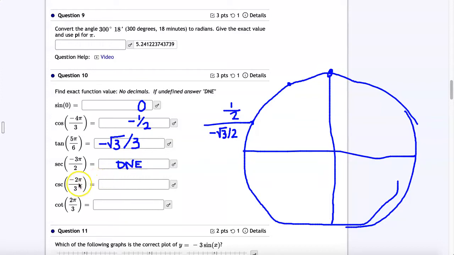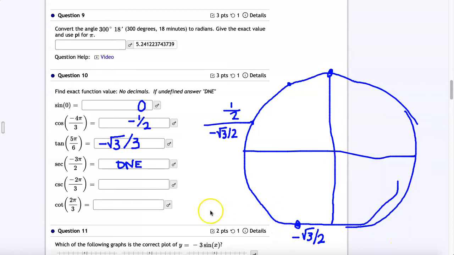Next, cosecant of negative 2 pi thirds. So I need to go negative 2/3 of the way. That's going to put me right here. The sine value at this point is negative root 3 over 2. And I need to take the reciprocal of this sine value so that I can have cosecant.